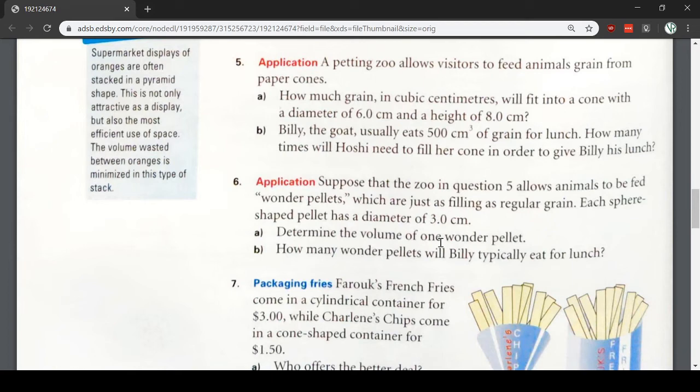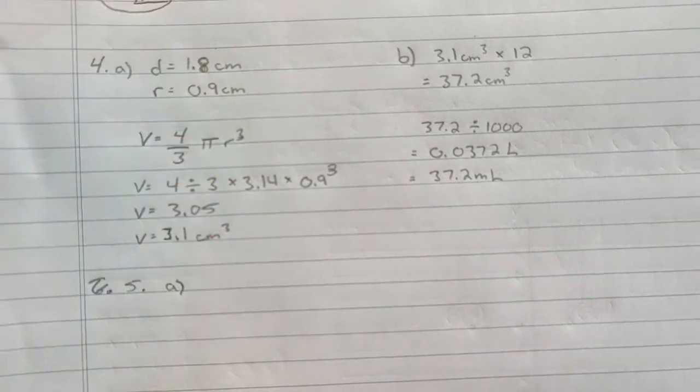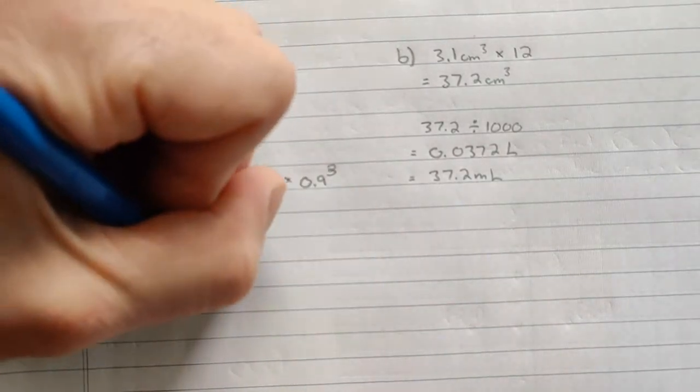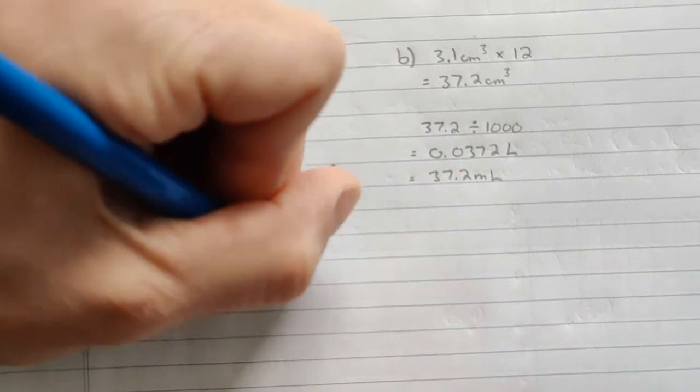So in this case, part A, we're looking at the volume of the cone, how much is going to fit in there. So in part A, volume equals 1/3 pi r squared h.